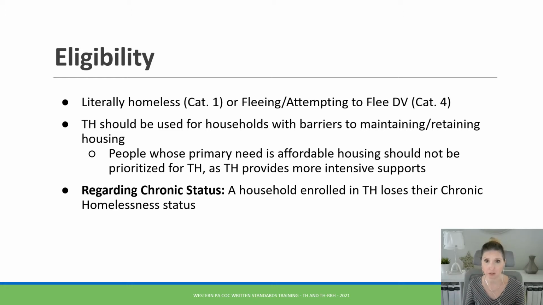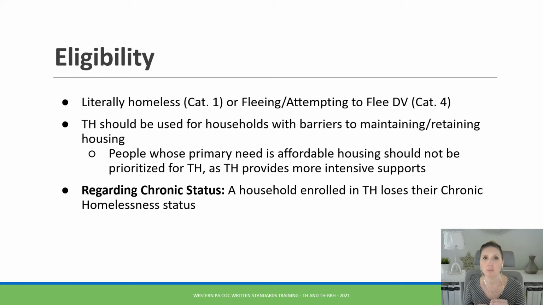That's at their discretion. Transitional housing should be used for households with barriers to maintaining or retaining housing. So people whose primary need is affordable housing, they should not be prioritized for transitional housing, as TH provides more intensive supports.